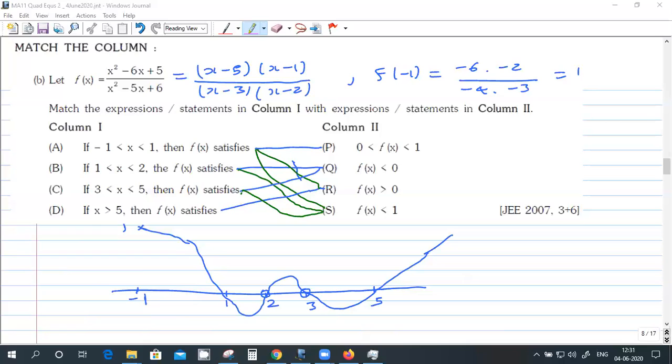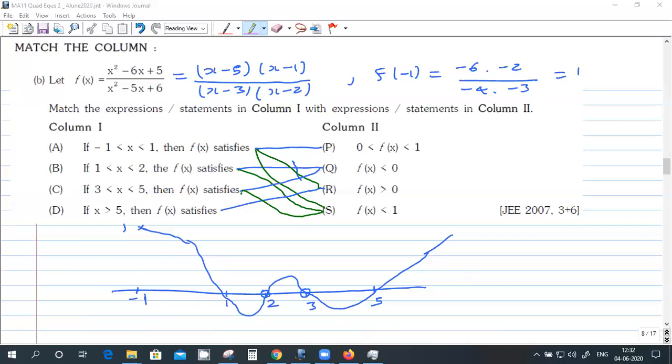Now for this thing, you have to look at the options for column 1 and 2, and then get the idea what to do. Yes, sir. Okay, he's basically looking at the values of f(x), whether it is positive, negative, between 0 and 1, or less than 1.